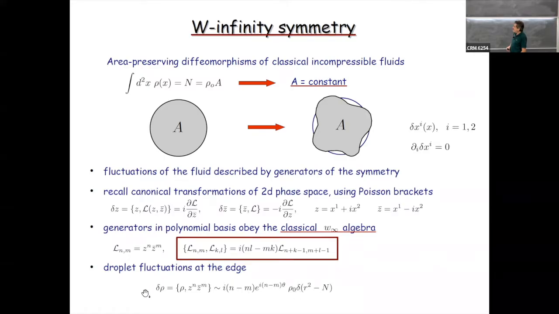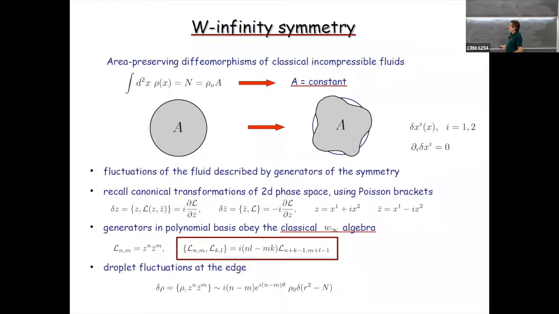So you see that the fluctuation is localized at the boundary, for r equal to square root of n, and then what remains is the phase of z and z bar, which combine in this wave, okay? So that's a very simple derivation of the fact that a fluctuation at the boundary is a wave propagating on the boundary, okay?